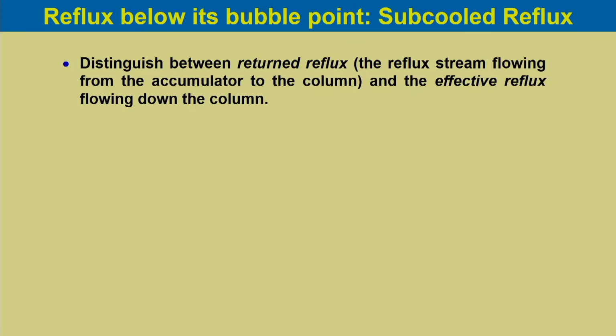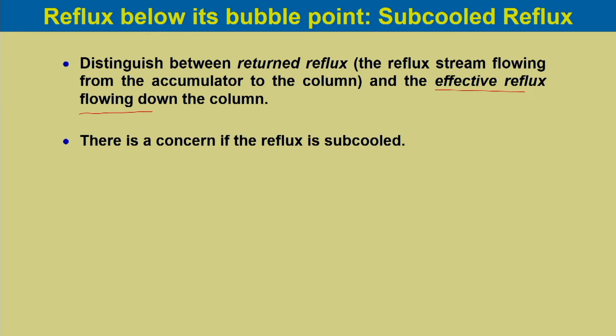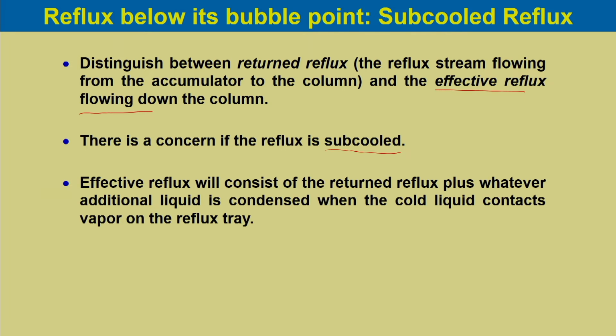Now, that is the return reflux, and the other one is the effective reflux flowing down. There is a concern if the reflux is subcooled. If the reflux coming from the condenser to the reflux drum and then to the top tray is subcooled, then there is a major concern for the design. The effective reflux will consist of the return reflux plus whatever additional liquid is condensed when the cold liquid contacts vapor on the reflux tray.